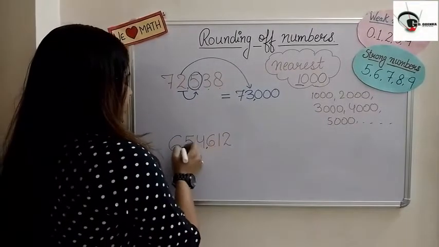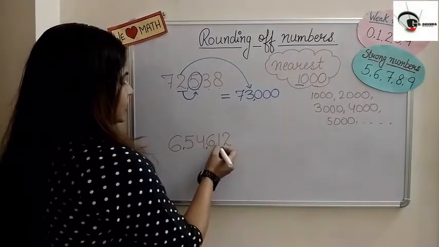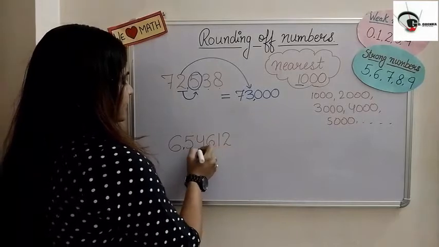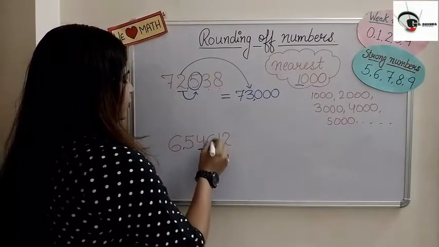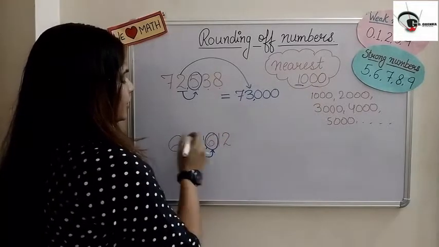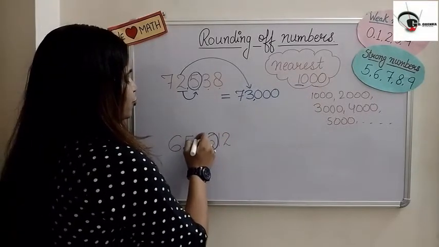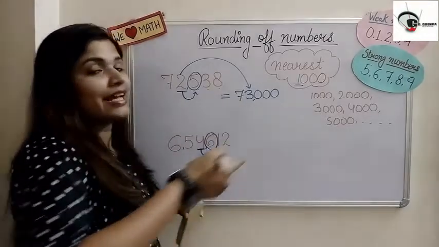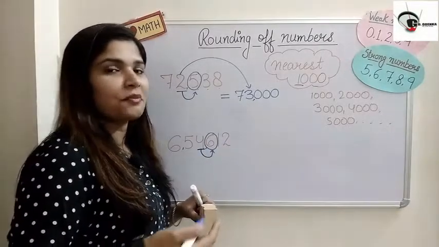Let us move to the next example. Ones, tens, 100 and 1000. The next number to the right side is 6. That is the strong number, and it is going to push 4 to the next number as it is a powerful or strong number.